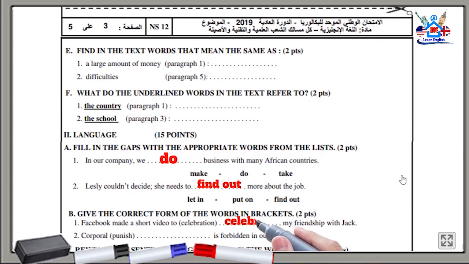2. Corporal verb. Punish is forbidden in our schools. Punish is, of course, a verb. What do you need to put here? Exactly, a noun. So, word categories can be verbs, nouns, adjectives, adverbs.